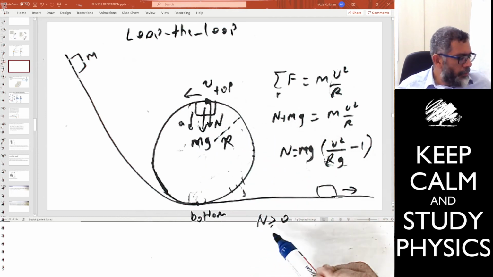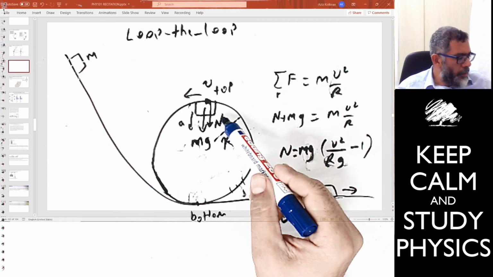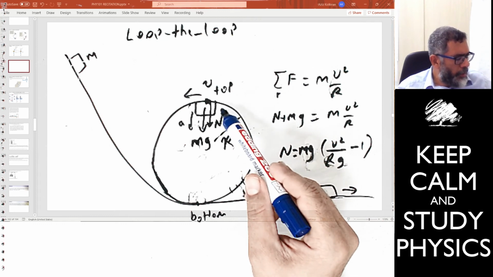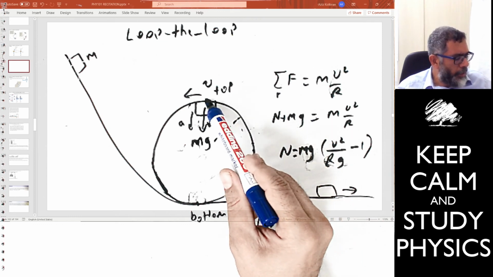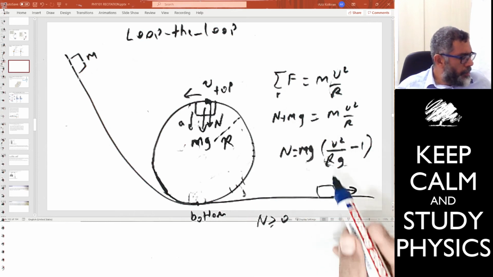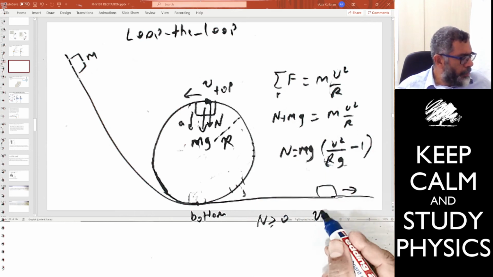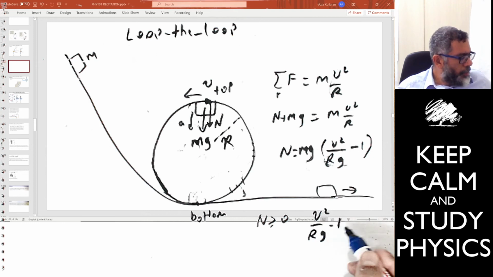The condition for the contact to have at most zero normal force at this point is that the parenthesis expression, v squared over rg minus 1, must be larger than or equal to 0.